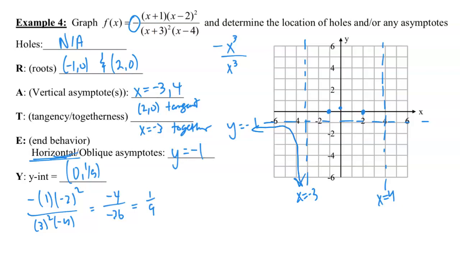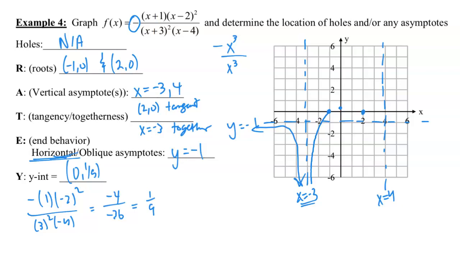Okay, that's really helpful, because now what do I know about this asymptote? I know that I have togetherness at that asymptote. So to have togetherness, I've got to start from the bottom here, and I'm going to come up that asymptote and come to that particular root. Now at that root, did we have tangency?